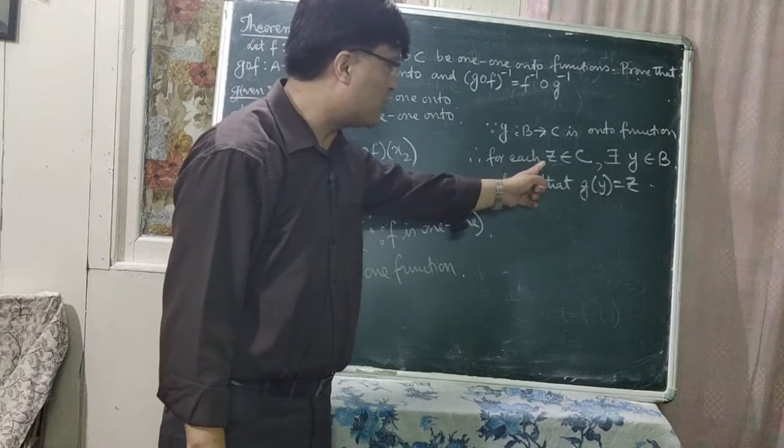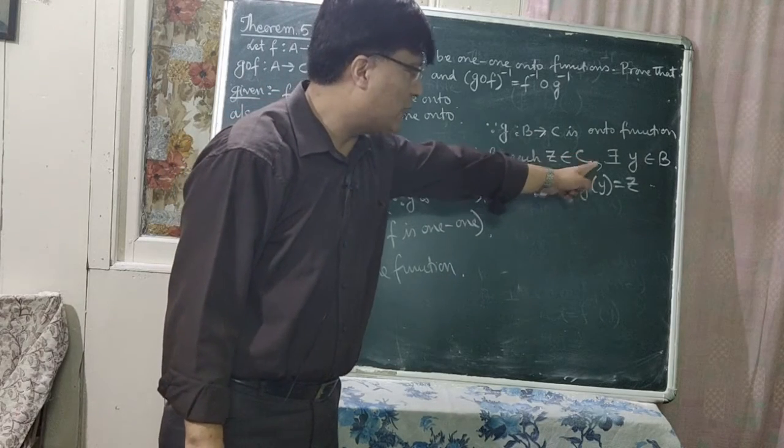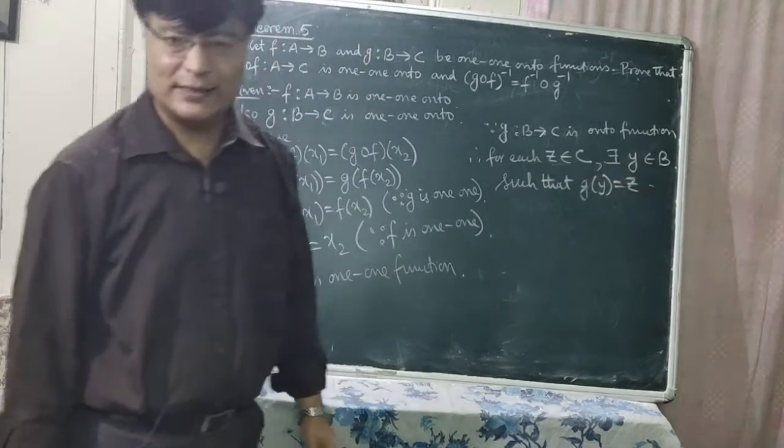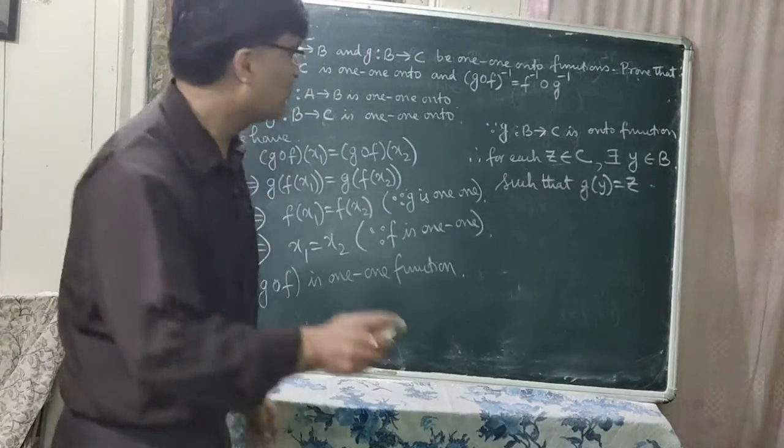Therefore for each z belongs to the set C, there exists y belongs to the set B such that g of y is equal to z. I think you have understood it.